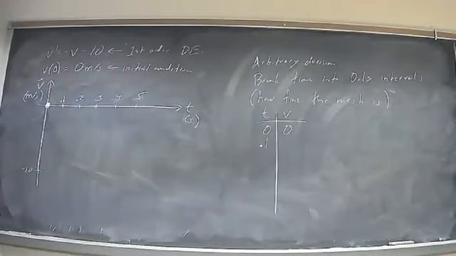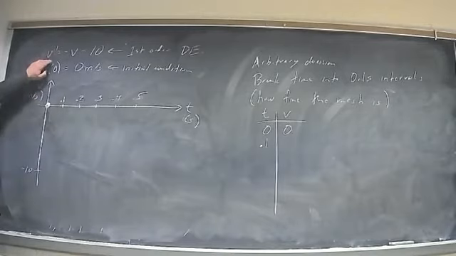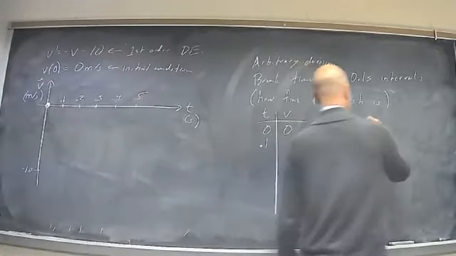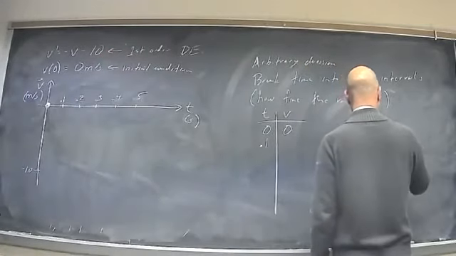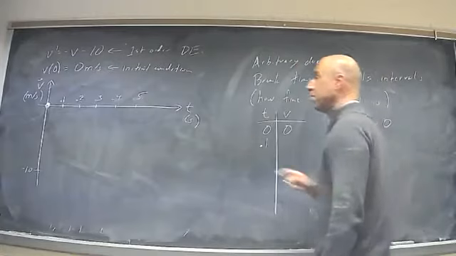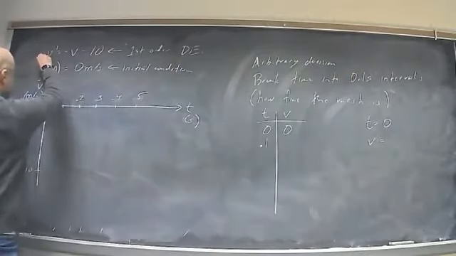At t equals 0.1, let's figure out where we are. So at t equals 0, what's my slope? If you plug in t equals 0, what do you get for v prime?